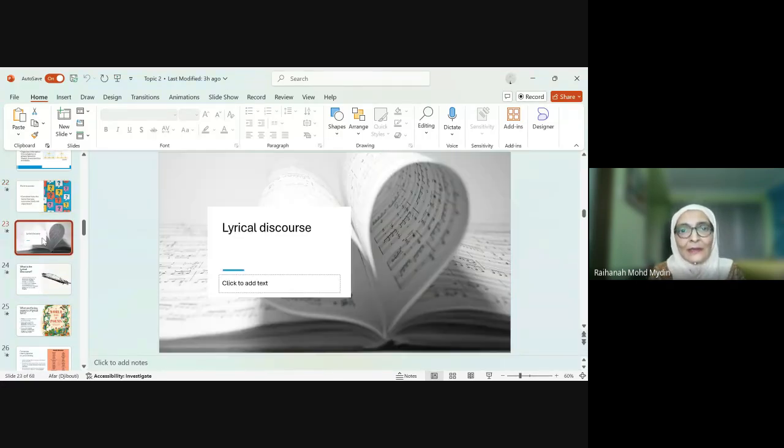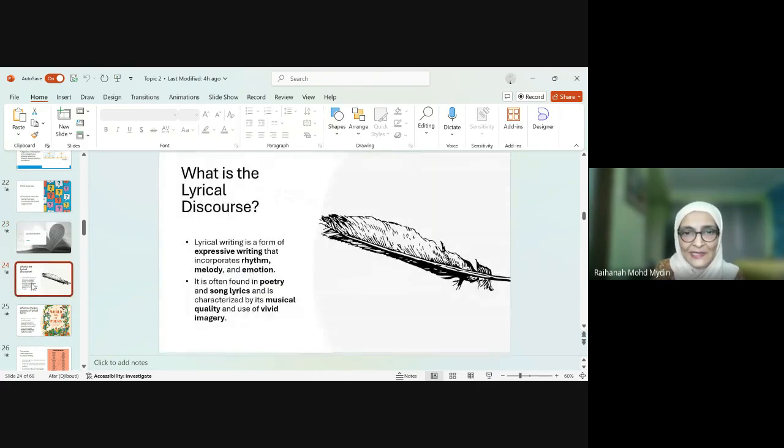So another discourse, I use text and discourse interchangeably, right? So be mindful of that. Another discourse is lyrical. This is something else that we consume all the time. It could be music. You're listening to songs, which is lyrical. It could also be poetry, which is another kind of lyricism.